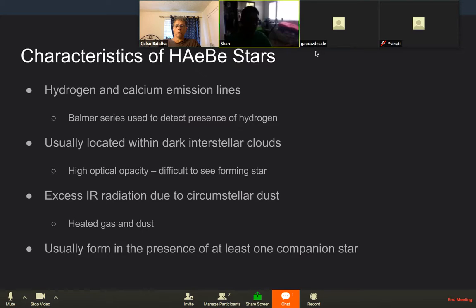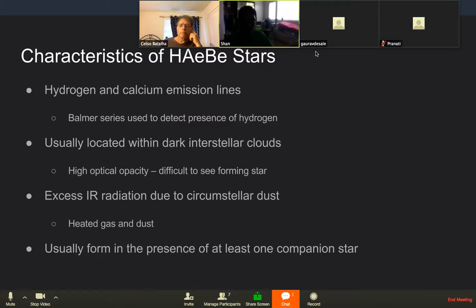Whenever we take spectroscopic or photometric measurements, we usually see a bunch of static. That's basically the IR radiation impinging on our detectors, and it comes from the circumstellar dust that surrounds the star.